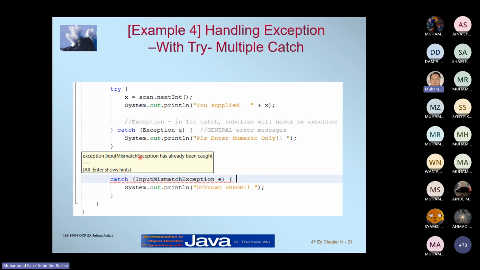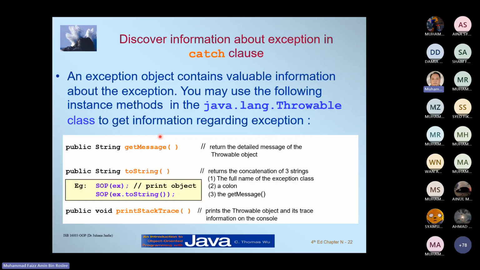But over here, Java is complaining because you use the main exception before you use the subclass. And you can see the error over here, my code error. It says that exception input mismatch has already been caught. Why? Because the exception class already contains input mismatch exception, right? Java will detect a duplication of error exception, so it will throw an error. Okay.